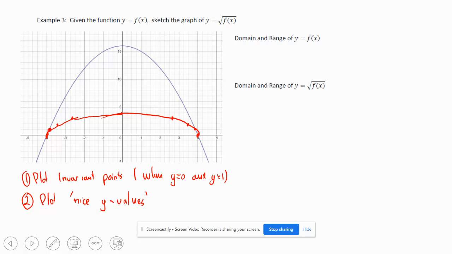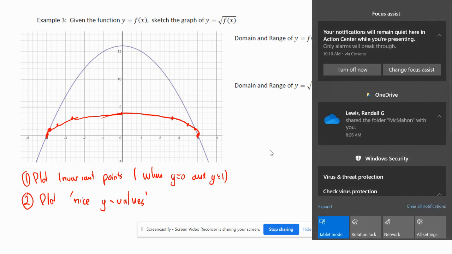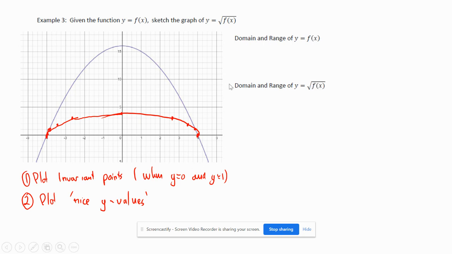Domain and range. My original graph domain was from -infinity to infinity. My range was going from -infinity up to 16. Okay. New function.